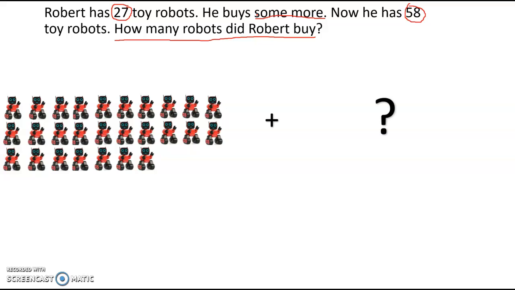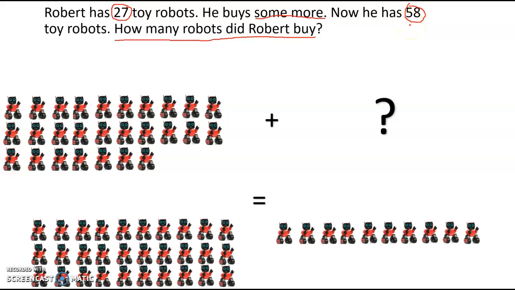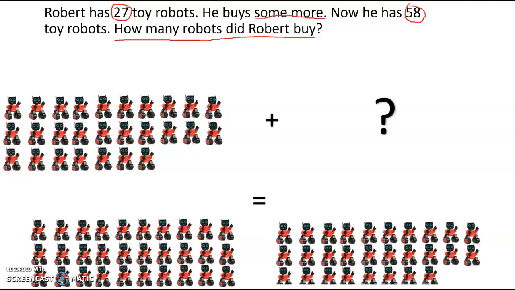How many does he have in the end? So Robert has 58 robots in the end. 10, 20, 30, 40, 50, and then 58. So he starts with 27.